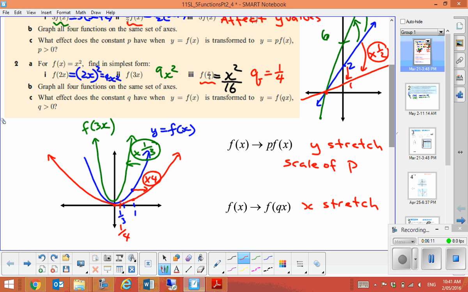So it's the same as the scale factor of 1 over q. So it's the reciprocal of whatever number was in front of the x. So if the q is a quarter, then 1 over a quarter is 4. So that's why the whole graph is stretched outwards by 4.